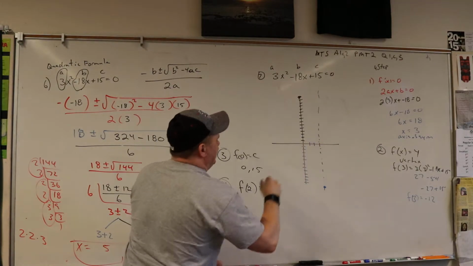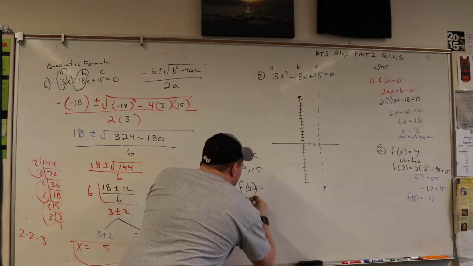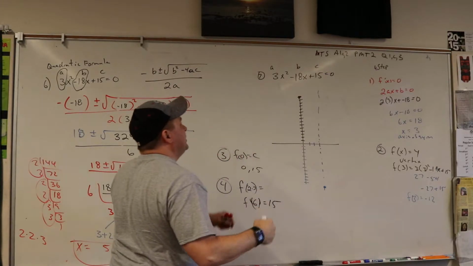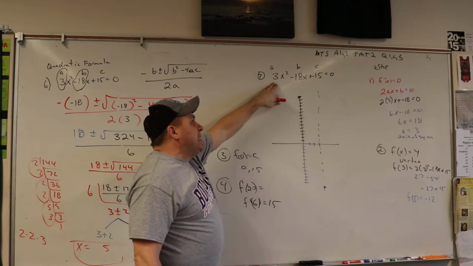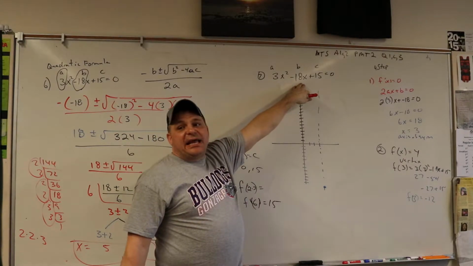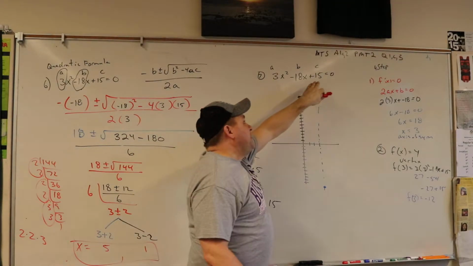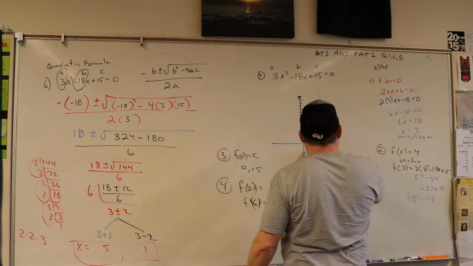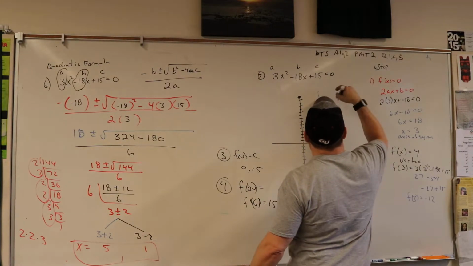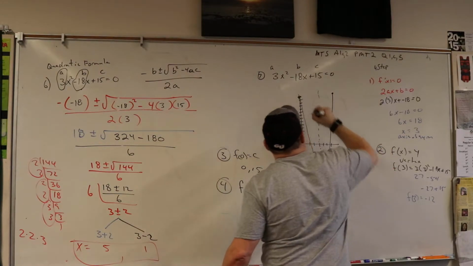The axis is 3, so f of 6 should also equal 15. Plugging in, 6 squared is 36 times 3 is the same as 18 times 6, so they cancel and you get 15. Boom.